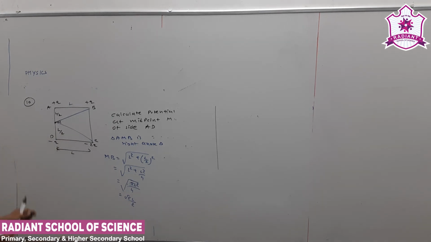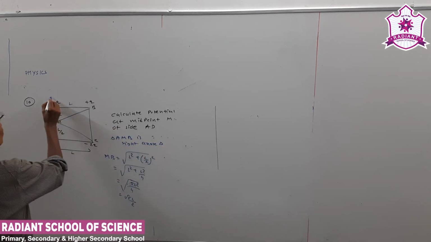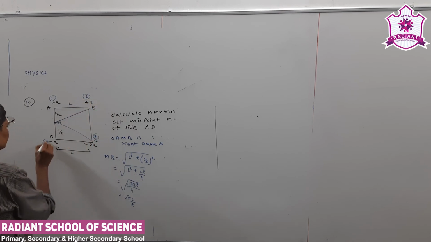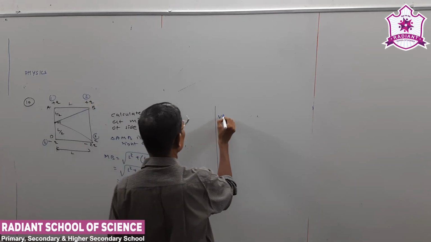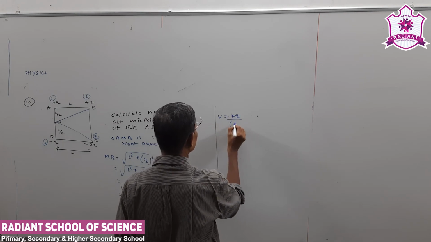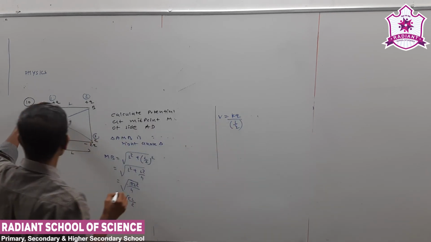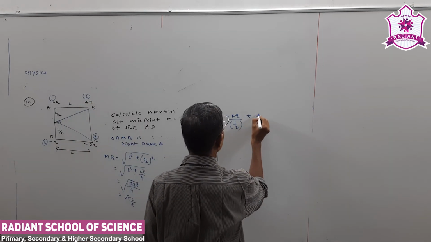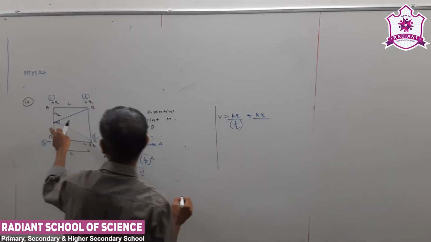Okay, now see there are 4 charges, 1, 2, 3 and 4. So here V is equal to kQ over the distance L by 2. Okay, see here, 4 kQ upon, what is the MB distance?